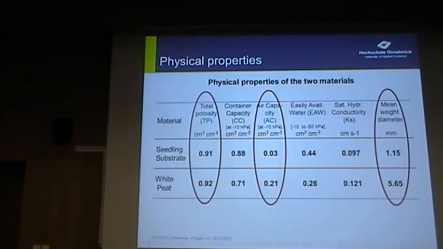And many farmers who use these would say, well, this is too little to grow normal plants there. Then if we look at the particle distribution of these two examples, we calculate the mean weight diameter, and you see for the seedling substrate it's a bit more than 1 millimeter, and for the white peat it's nearly 6 millimeters, so a coarse and a very fine example.